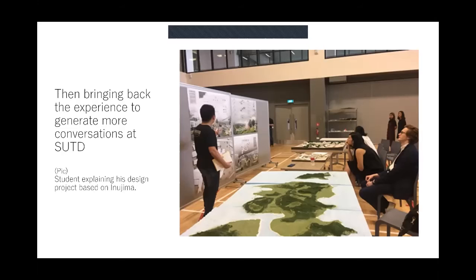What we think is really interesting about Inujima is that it's almost like a mini Singapore, a little test ground for new ideas. And what's more exciting is that we have Kazuyo Sejima, a multi-awarded architect who's also thinking about these ideas, and we're working together to think up new ways of thinking about architecture.